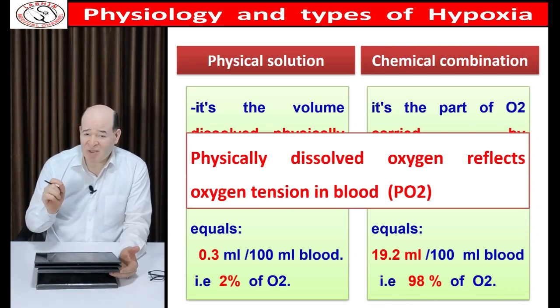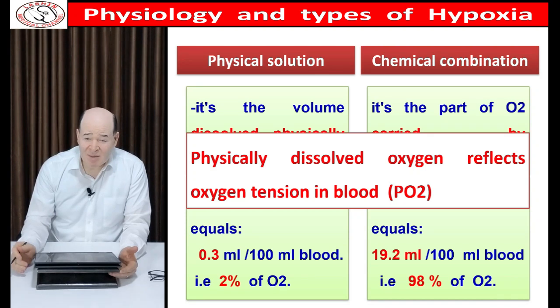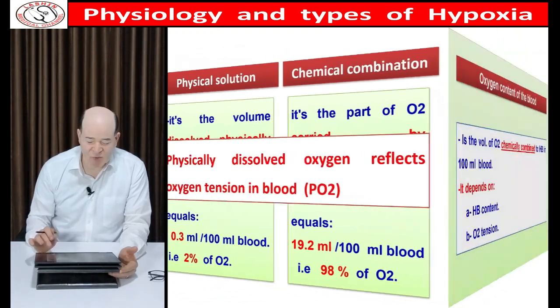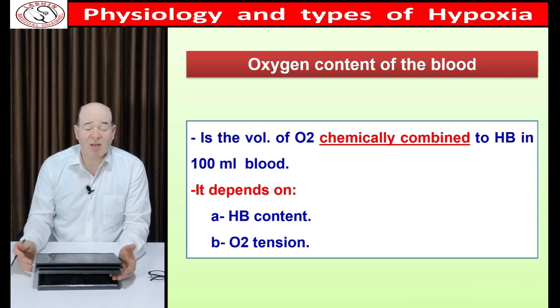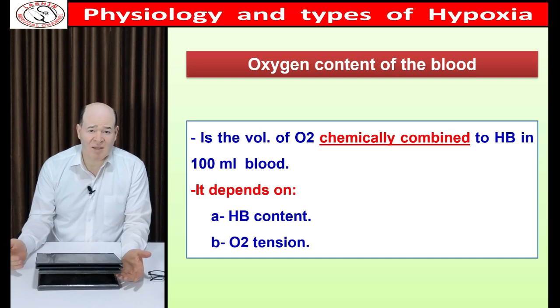However, the oxygen tension, the PO2 in the arterial blood, is dependent on the physically dissolved oxygen, not the oxygen chemically combined to hemoglobin. We have important definitions. What is meant by oxygen content in blood? This is an important definition in the science of gases.